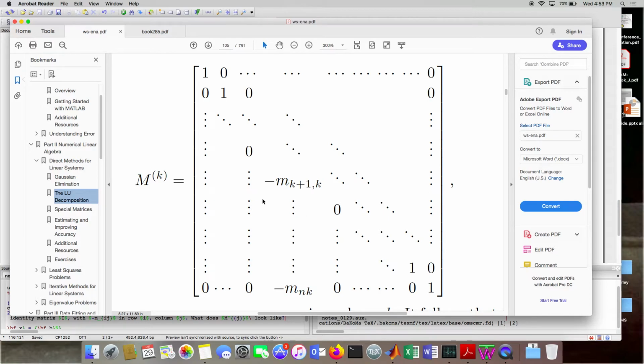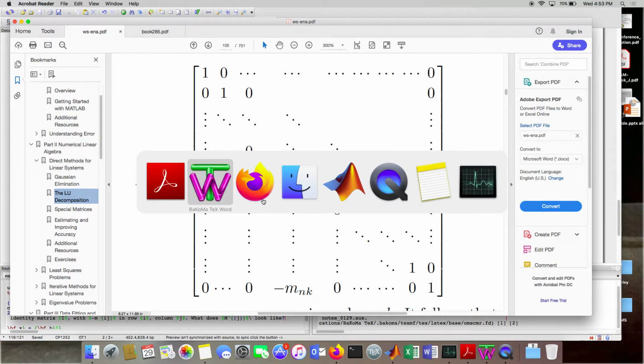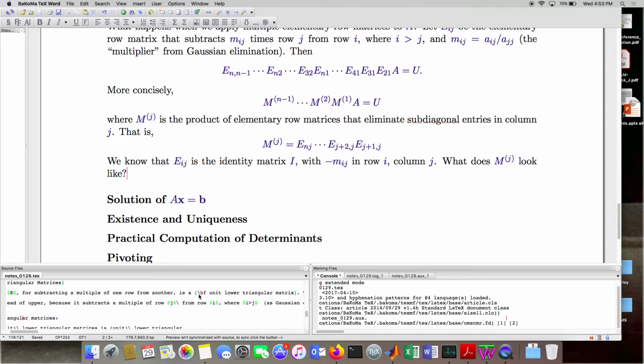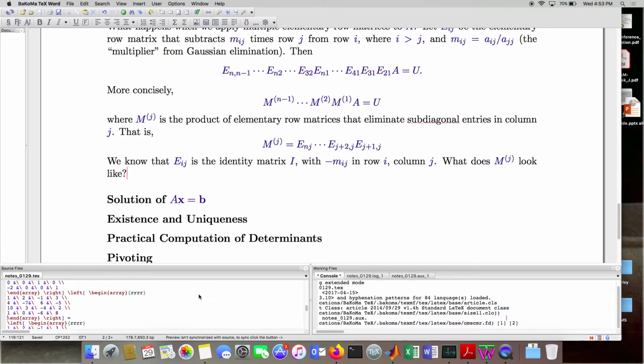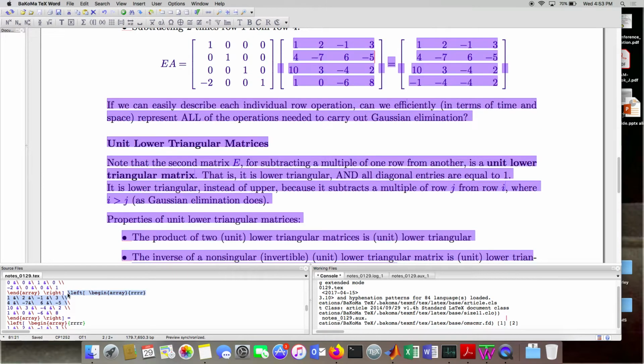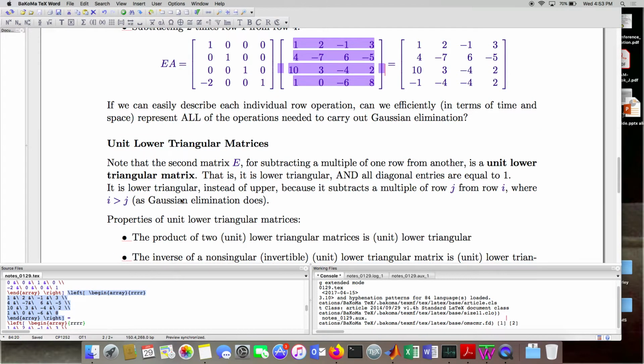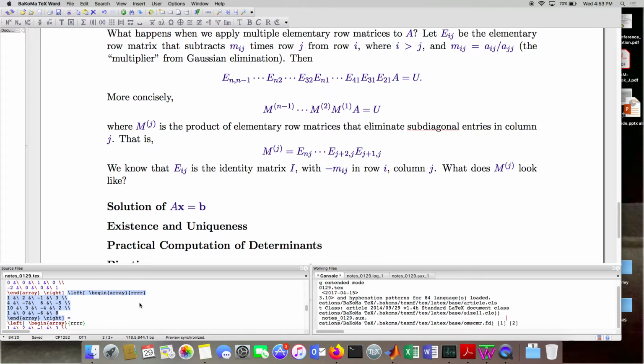So to give a more concrete example, if I take the elementary row matrix from before, first I'll describe it in words here.